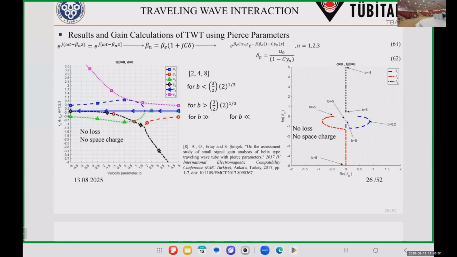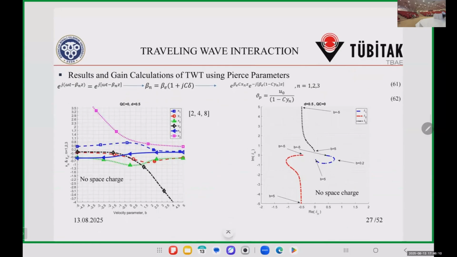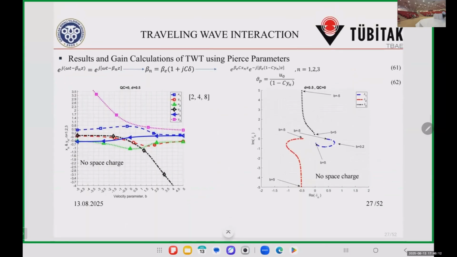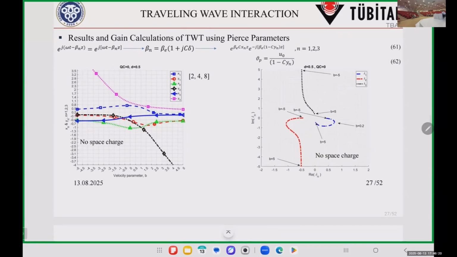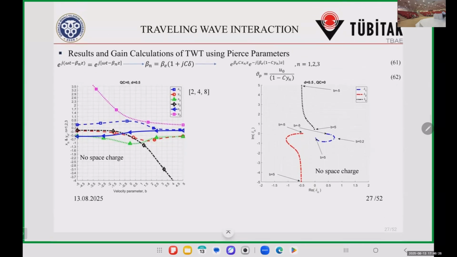Delta 1 is in the fourth quadrant, delta 2 is in the third quadrant, and delta 3 is on the y-axis of this figure. We can plot different values of circuit loss. Here we assume no space charge. Then we can plot other types of graphs.